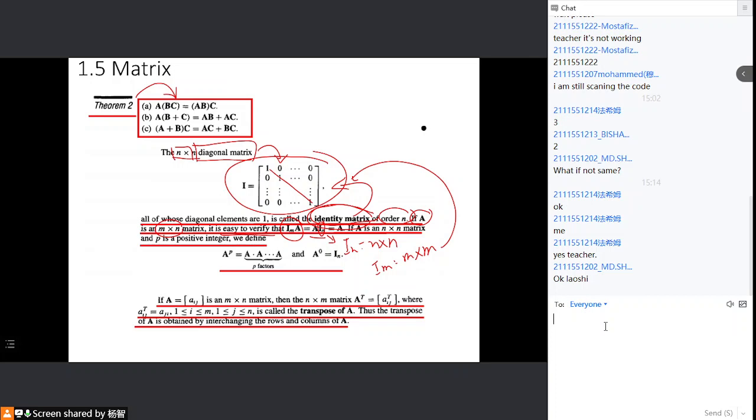Okay, how to verify? Take A with rows 1, 2, 3 and 0, 1, 2, 3, 1, 1. And I3 means the identity matrix of shape 3. What is the answer of A times I3? You can check by yourself.